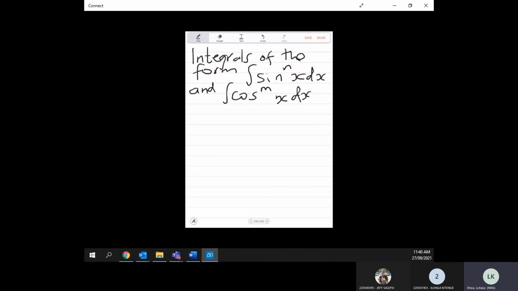Okay, so here, this is what we're integrating. It's sine of x raised to a power. And for this type of questions, m and n will be either even or odd numbers. So depending on what m and n are, whether they're even or they're odd, we work it out in a particular way.